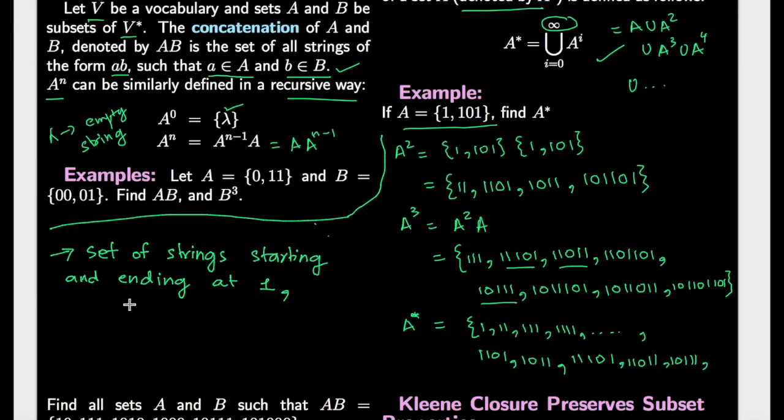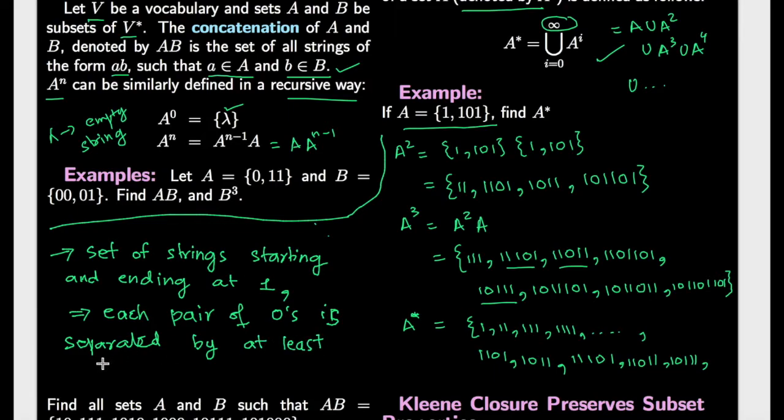Okay, so then we can say each pair of zeros is separated by at least two ones.